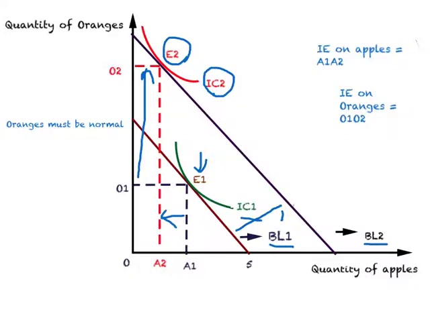So here apples must be an inferior good. And so in terms of this diagram, this is what you find. In this case, oranges happen to be normal and apples happen to be inferior.